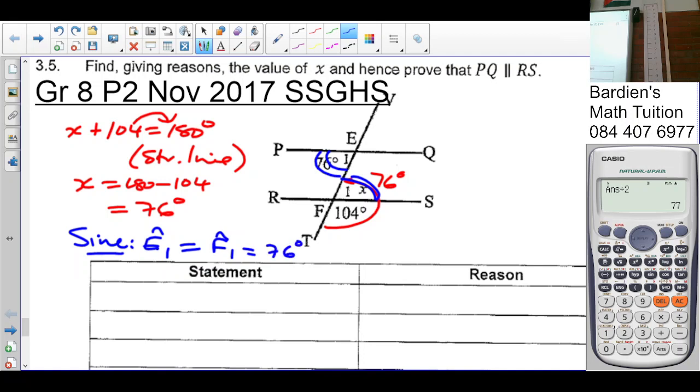Since the alternate angles are equal, therefore PQ has to be parallel to RS. Why? Because the alternate angles are equal. But we do more of this in grade 9 when we prove lines are parallel. For now we're just working one way.